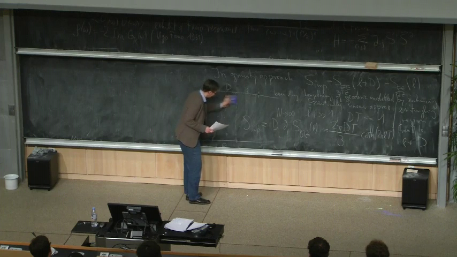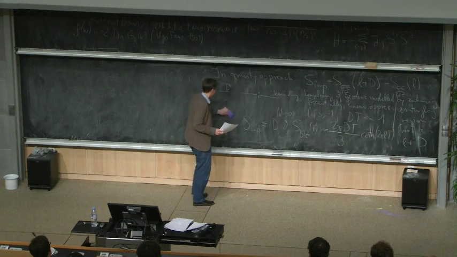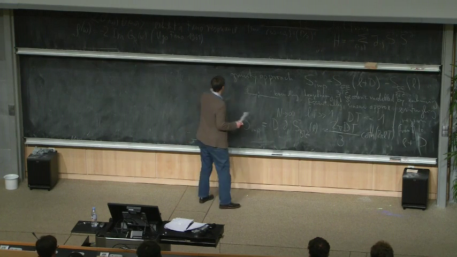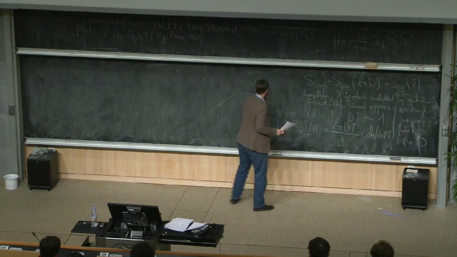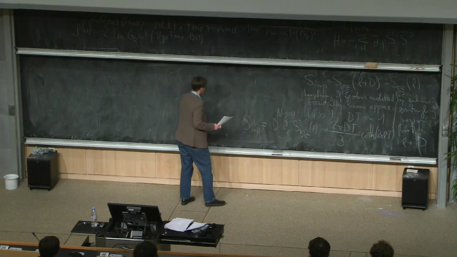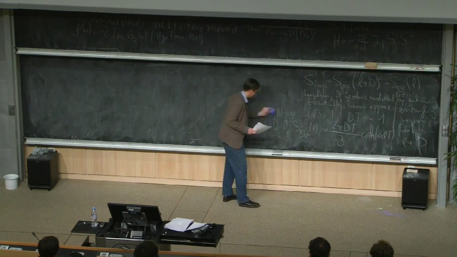So the key point is that this model will also have a spectral asymmetry, which you can relate to this finite thermal entropy at 0 temperature.